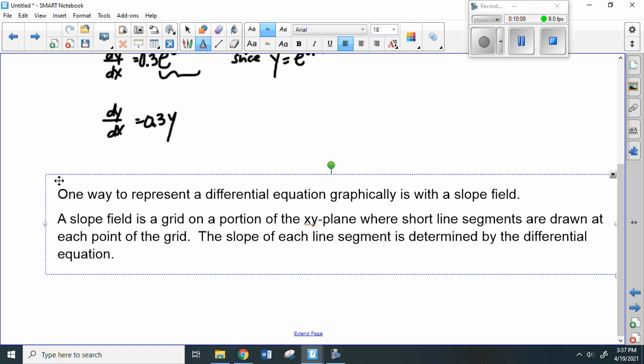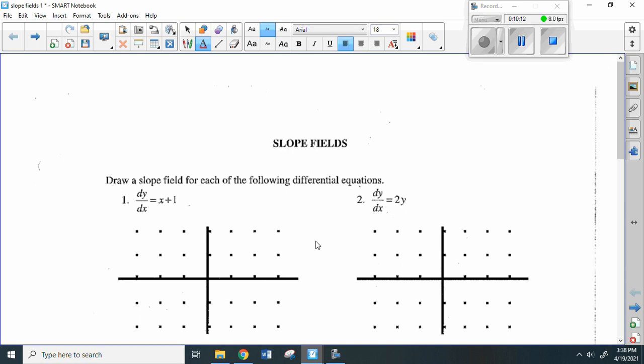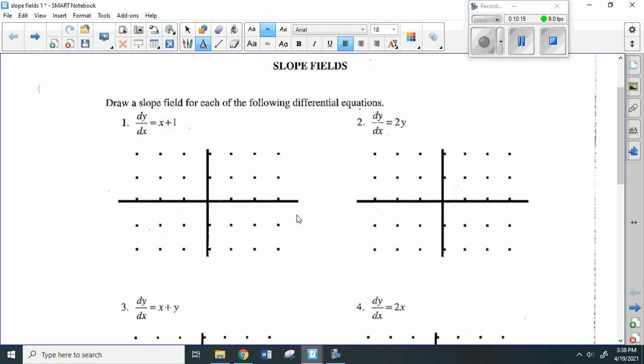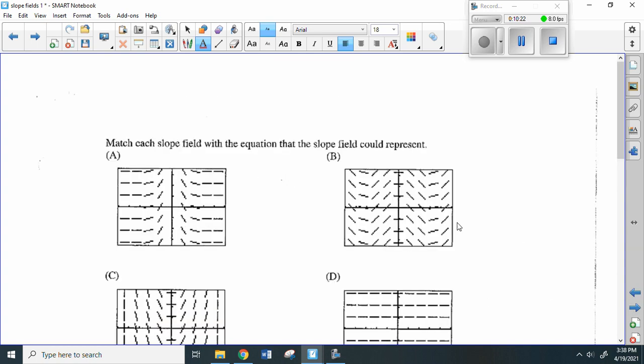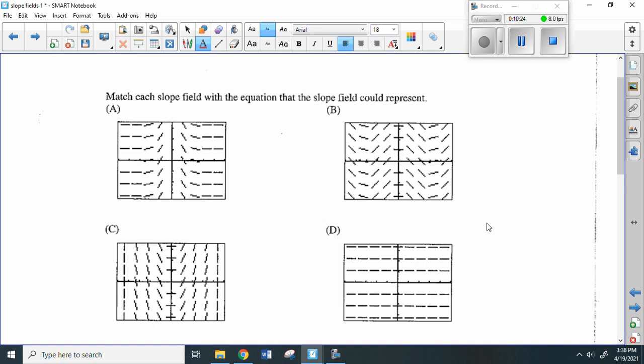We're going to jump over to our first packet, where I've given you some grids, and I'm going to show you how to draw them. Here are some that are already drawn, and the idea is that once you have a slope field, you could draw in the graph of any particular solution by just picking a point and going to the left and the right and trying to stay parallel to those little line segments.